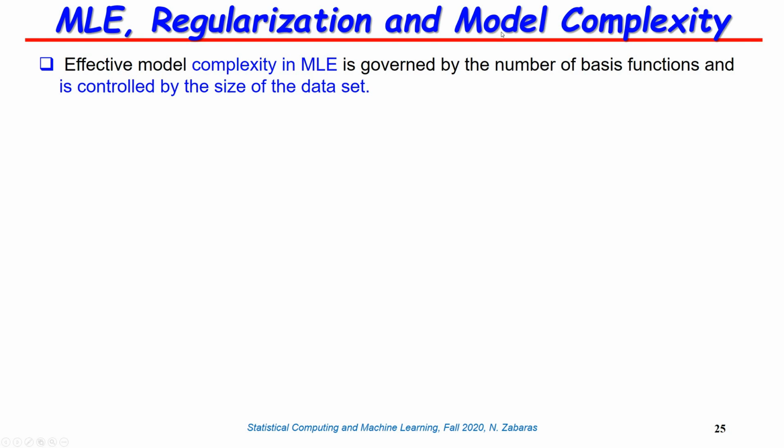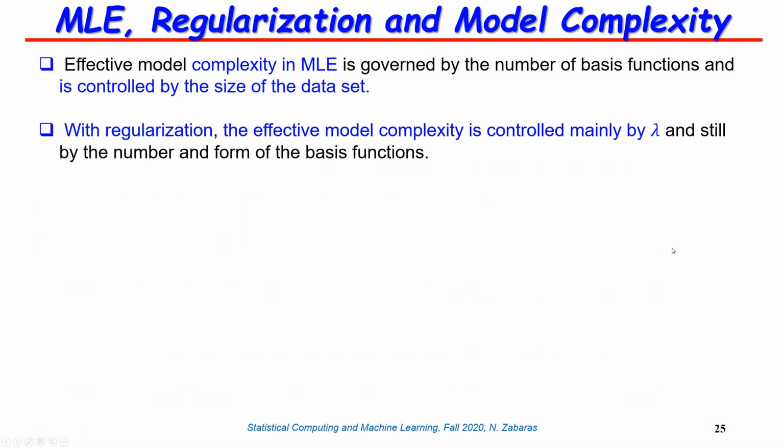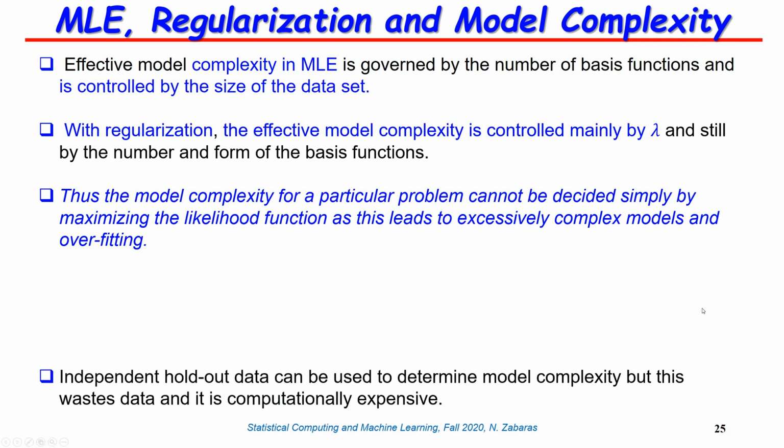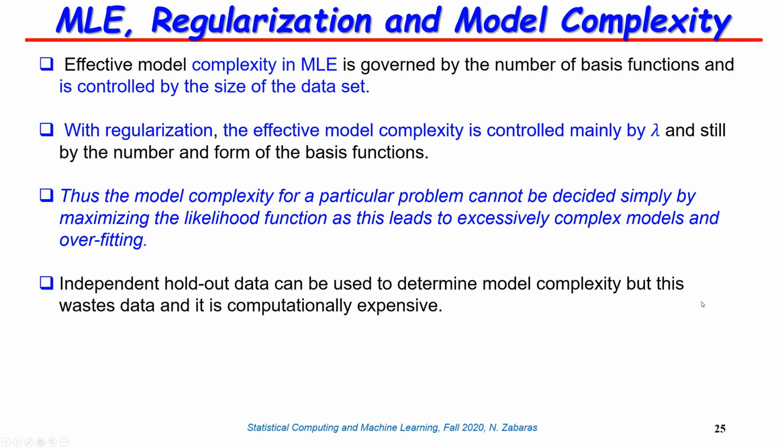And we said regularization controls the model complexity, and so it is the main parameter that defines the complexity that the model can afford. And so we don't have that limiting factor that we had before coming just from the size of the training data set.